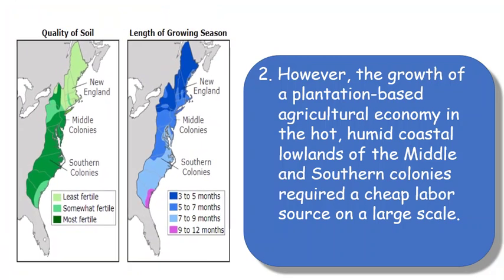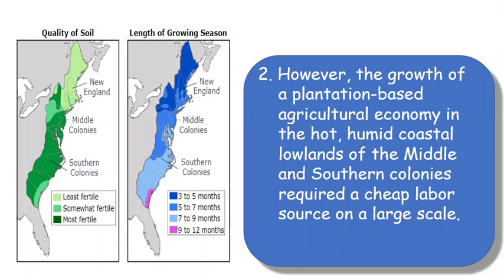We see here on these maps that a lot of it had to do with geography. On the map on the left, we see the quality of soil. The soil wasn't as good up in New England. The lighter the shading, the less fertile the soil; the darker the green, the better the farming areas, and those were predominantly in the southern colonies. On the map on the right, we see the length of the growing season.